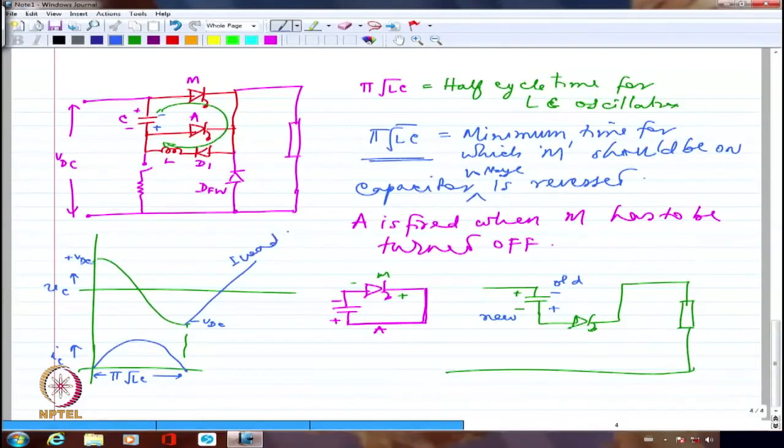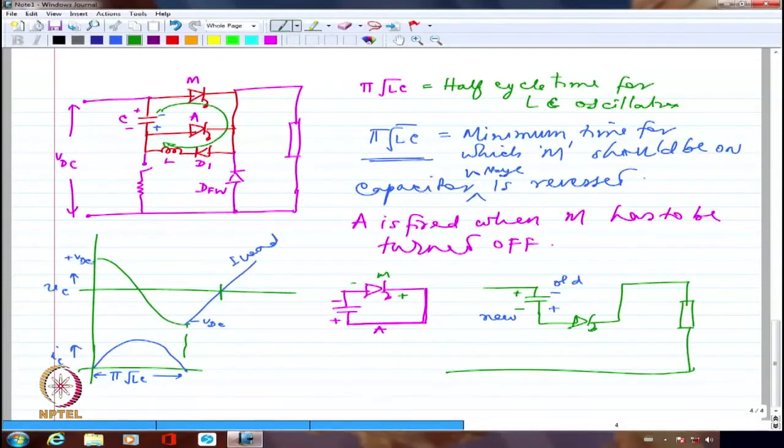Right? So I am going to have, from this point until this point only, the device reverse biased. The outgoing device is M. That will be reverse biased only as long as the capacitor voltage is in this polarity. Slowly it is going from this polarity to the upper plate being positive and the lower plate being negative.